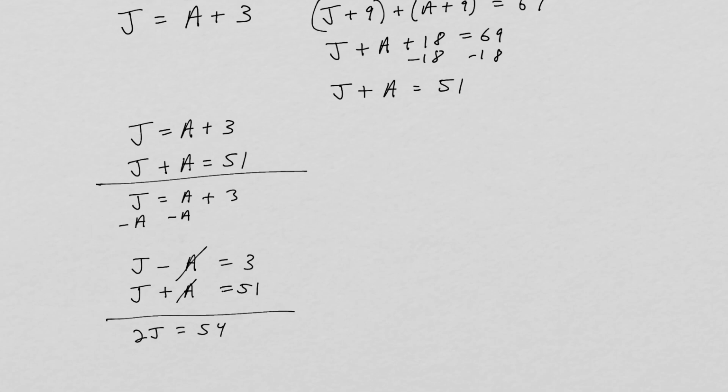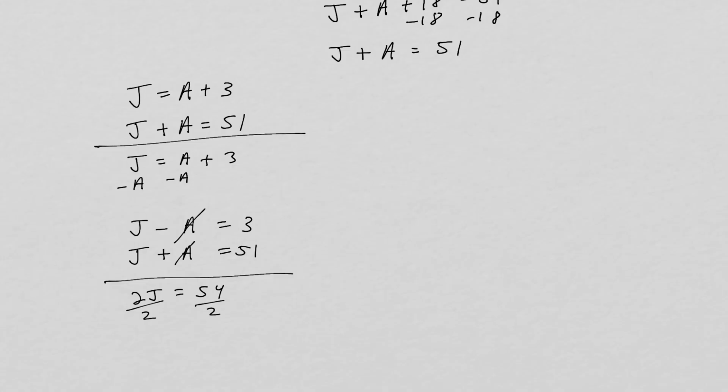Divide by 2. And I know the answer for J, right? J is going to be, what's 54 divided by 2? 27, right? Yeah, 27. And then to go back and find Amanda's age, I can plug into any of the equations. Let me just plug into the first equation. So I have J is equal to A plus 3.